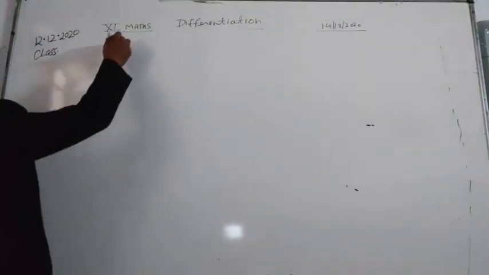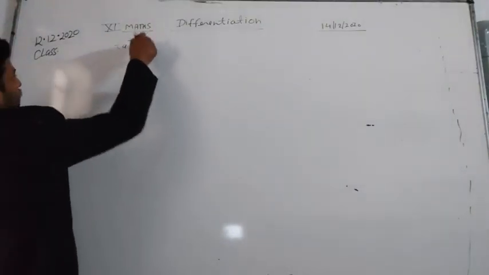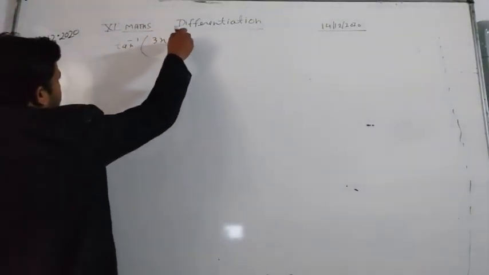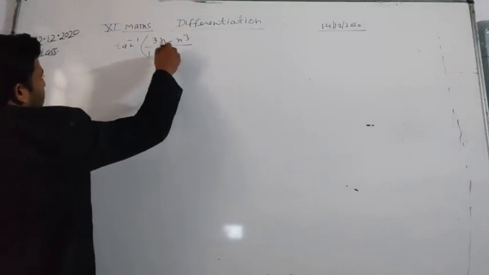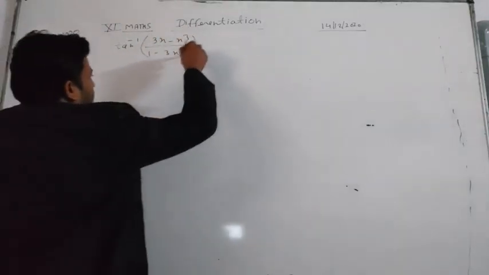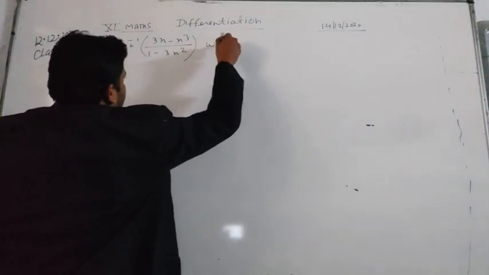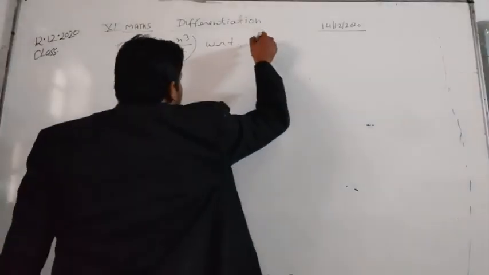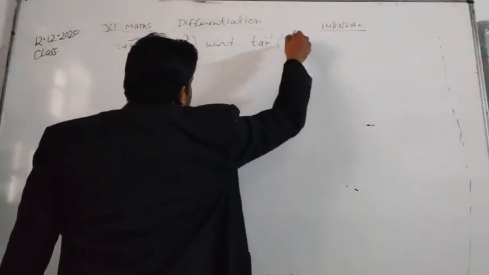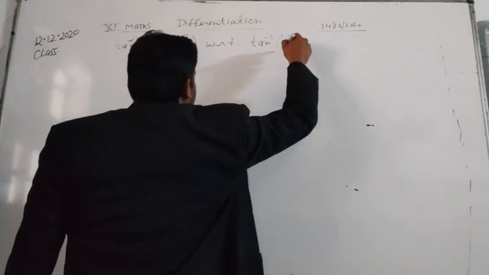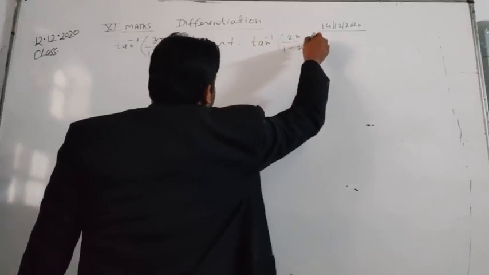Our next question is tan inverse 3x minus x cube by 1 minus 3x square with respect to tan inverse 2x upon 1 minus x square.